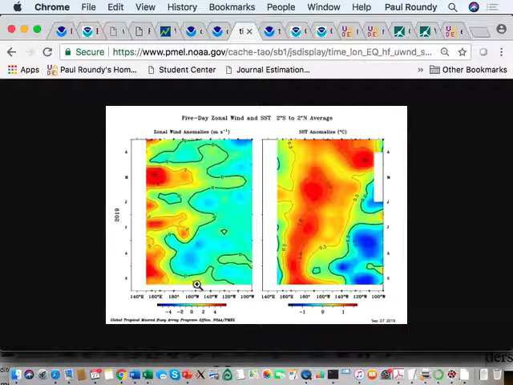So if the downwelling Kelvin wave reaches this area at a time when the local winds have easterly anomalies, the result is an attenuation of the wave and a reduction of the surface effects. So this is how you can get a Kelvin wave to go all the way across the basin and not have the ocean change from a Central Pacific El Nino type structure to an East Pacific, more canonical structure.